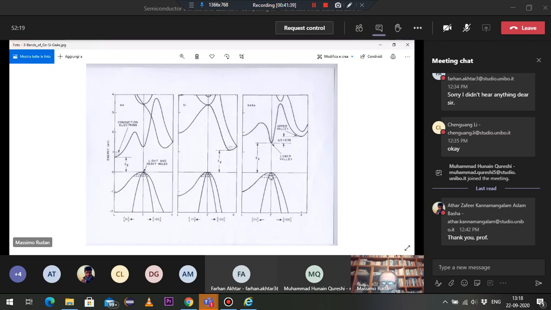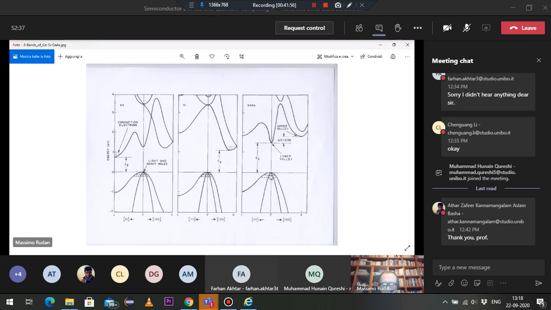What does it mean? It means that if we have an electromagnetic radiation coming onto the semiconductor, this radiation provides energy to the semiconductor.